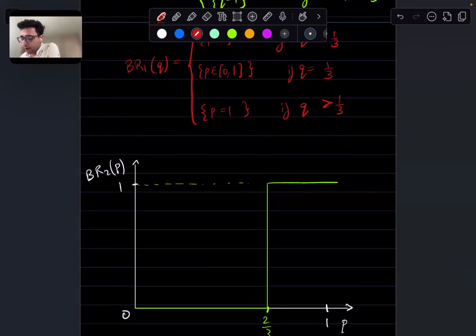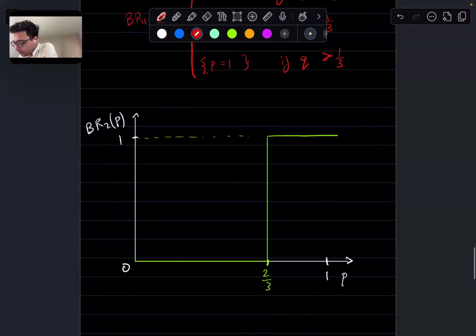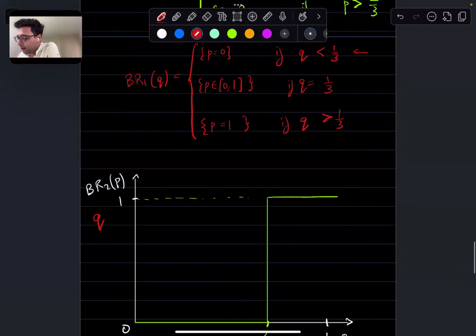Okay. Let's draw in red BR1 of Q, and have Q here. So when Q is less than 1/3, P is equal to 0. That is this. Let's go up until 1/3.